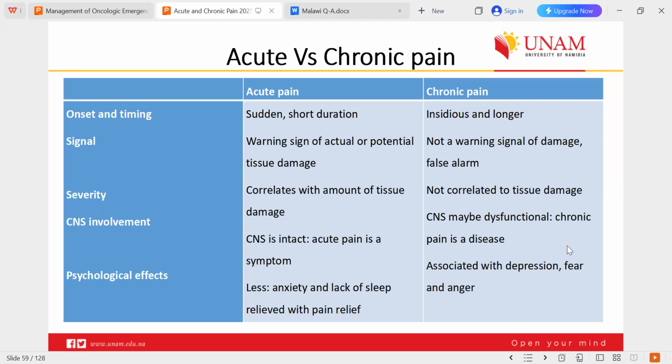And that's why insomnia can be a sign of inadequate or undertreated acute pain. Chronic pain is usually associated with depression, fear, anger, lack of sleep. And when we look at more of chronic pain, you'll see the psychological and mental aspect of chronic pain.